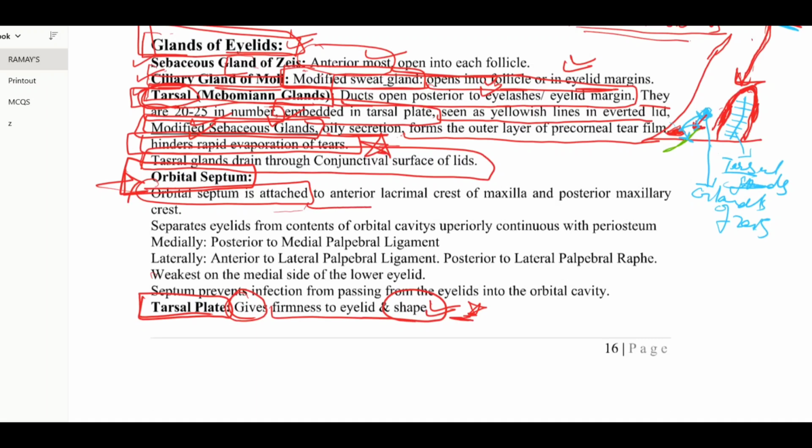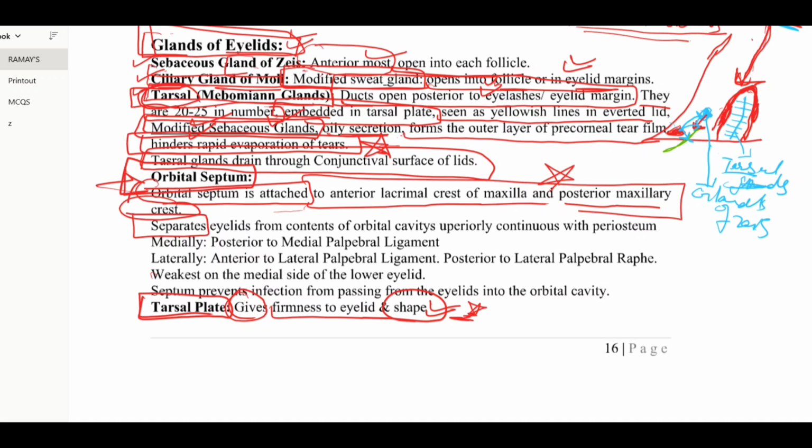that is attached to the anterior lacrimal crest of the maxilla and the posterior maxillary crest. This is a very important MCQ. Please remember this. What is the function of the orbital septum?